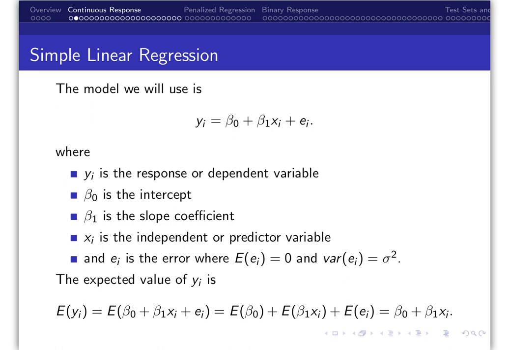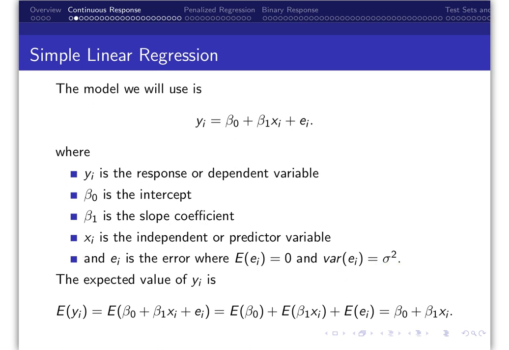Our goal is to fit a line that permits some error, since the linear relationship is not perfect. And the model we will use is given by this equation, where y sub i is the response or dependent variable, beta naught is the intercept, beta 1 is the slope coefficient, x sub i is the independent or predictor variable, and e sub i is the error, and the expected value of the error is equal to 0, and the variance of the error terms is sigma squared.